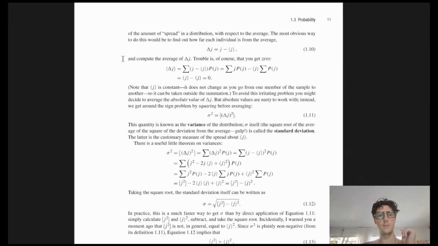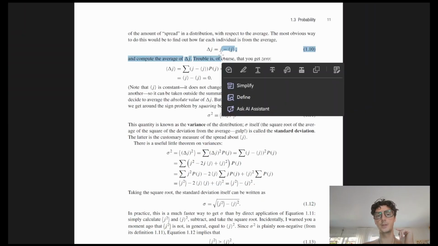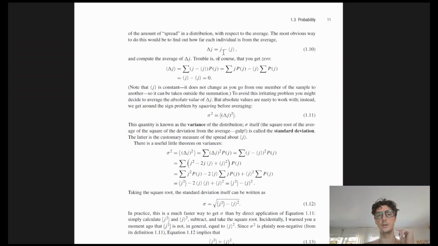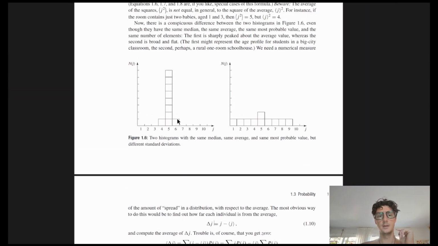We need a numerical measure of the amount of spread in a distribution with respect to the average. The most obvious way to do this would be to find out how far each individual is from the average. So we have another important equation here. We have delta J equals J, the specific age that you're looking at, minus the average of J. So this is basically telling you how far J is from the average of J. In this scenario, the person at the age of 6 is very close to the average.